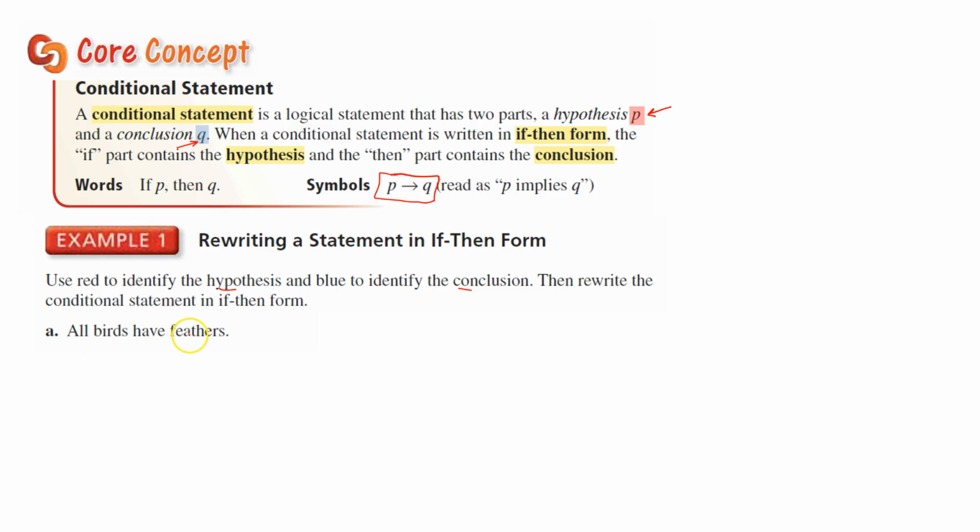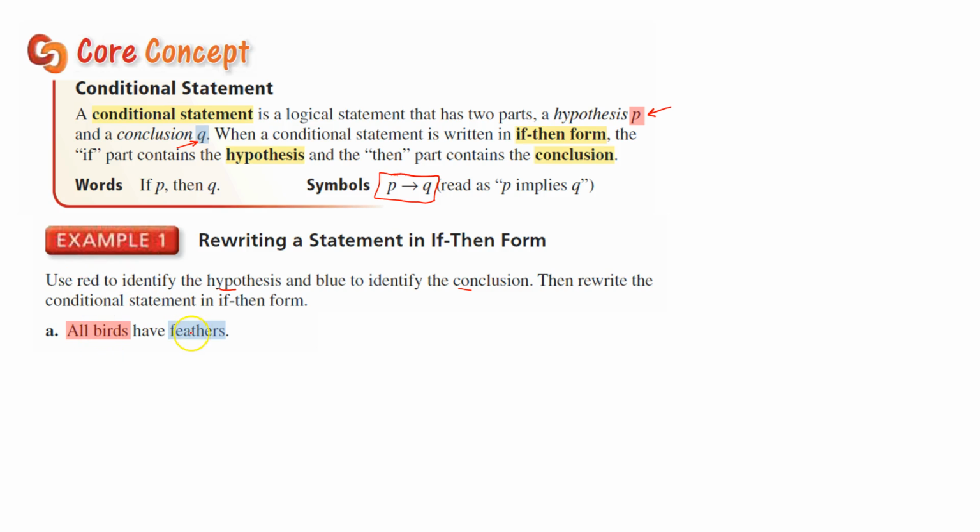Having feathers is like the result of what's happening. All birds is what the result is happening to. So all birds in this case is going to be our hypothesis, and feathers is our conclusion. Feathers is the result of these things being birds.